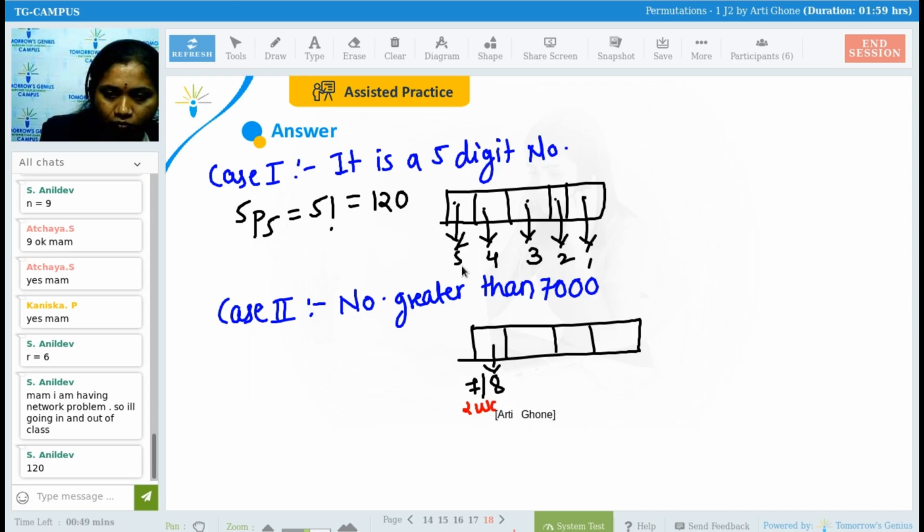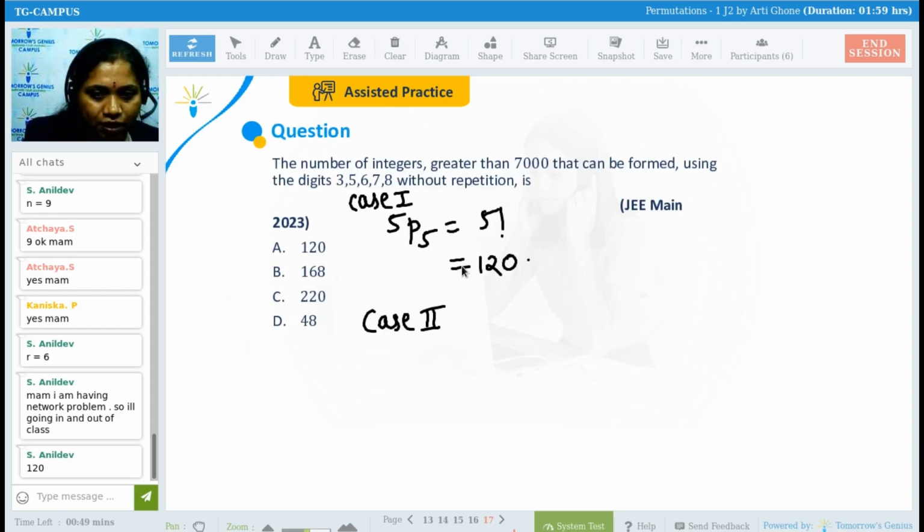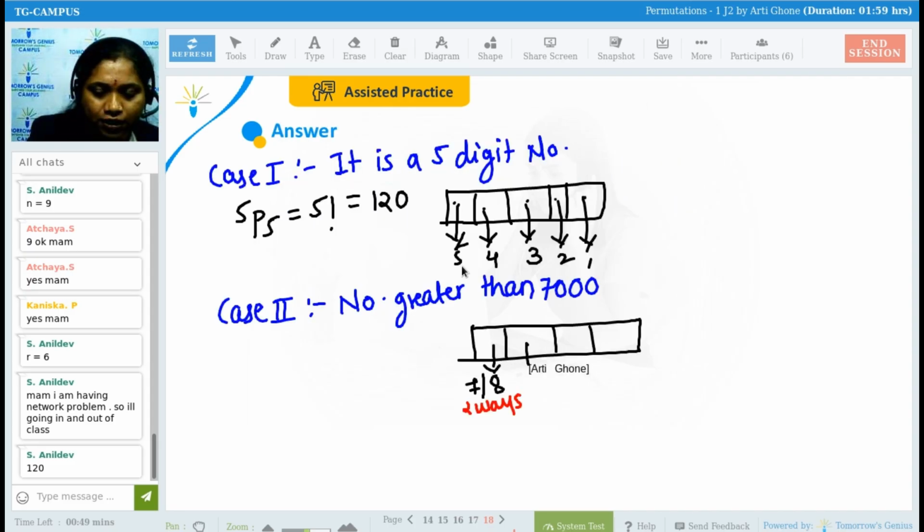Now next one, in the second place, how many chances do we have? Think on this. No, any one. If I lock 7, what is the number of digits left with us? 1, 2, 3, 4. Okay, so 4 digits are left over here, then here 3 and here 2. Clear?